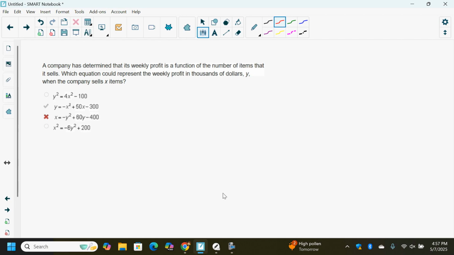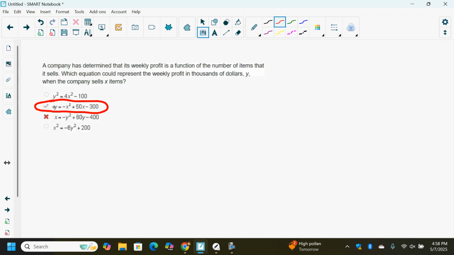Okay, a company has determined that its weekly profit is a function of the number of items that it sells. Which equation could represent the weekly profit in thousands of dollars, y, when the company sells x items? So the only one that would work in terms of y is this one, because it's y equals.